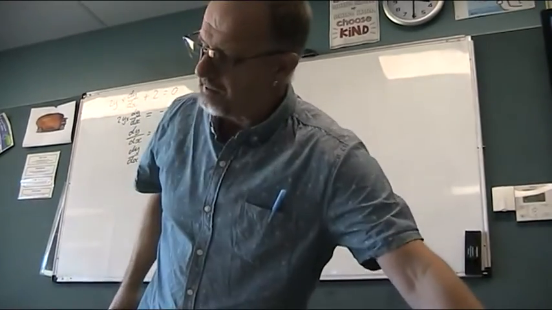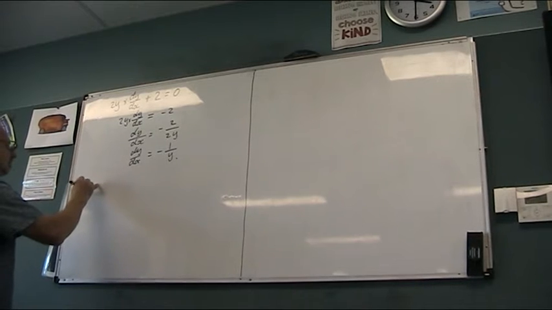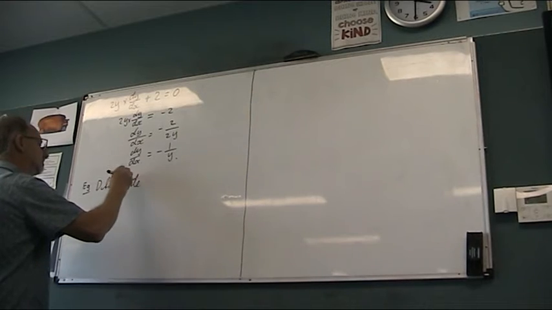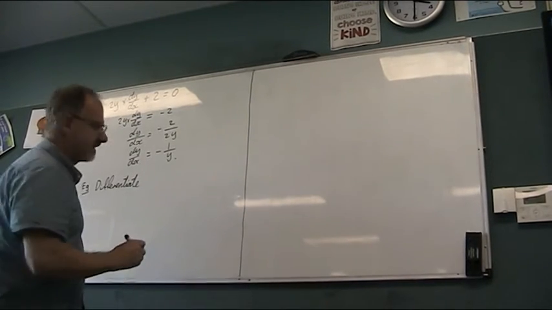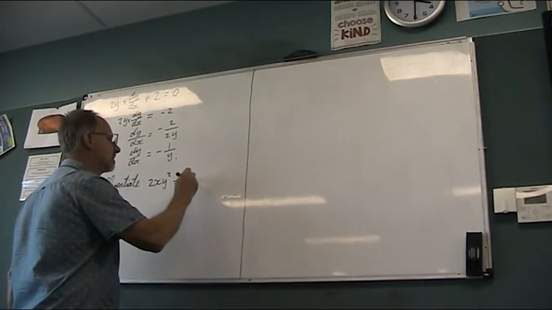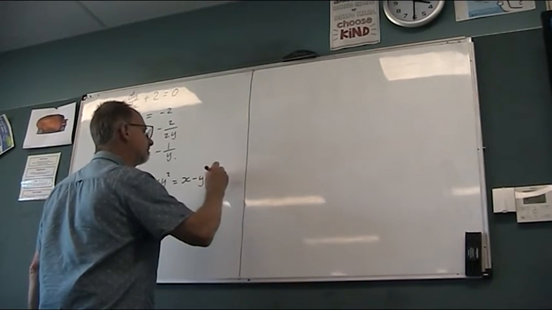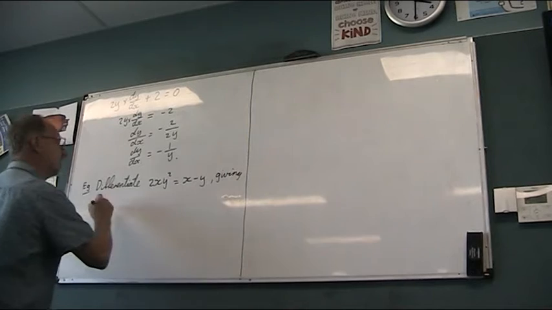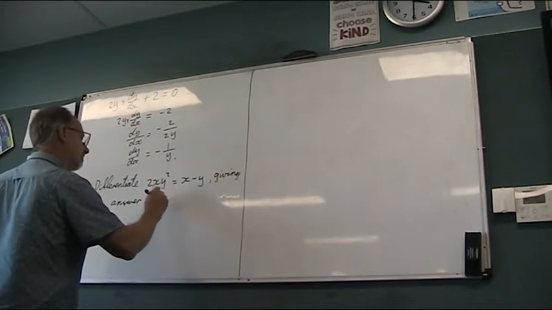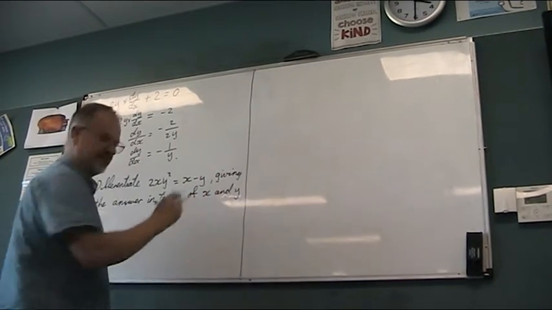All right, so differentiate 2xy squared equals x minus y, giving the answer in terms of x and y.